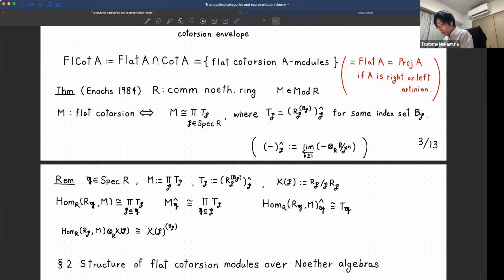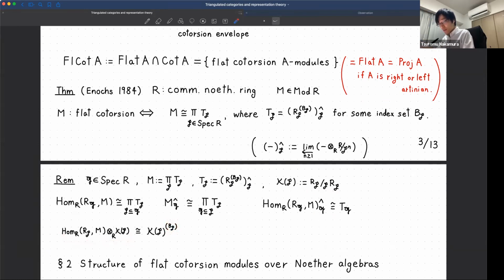We may also replace the completion functor by the tensor product, where kappa(P) denotes the residue field of the local ring. Then we can recover the cardinality of B_P in this way.